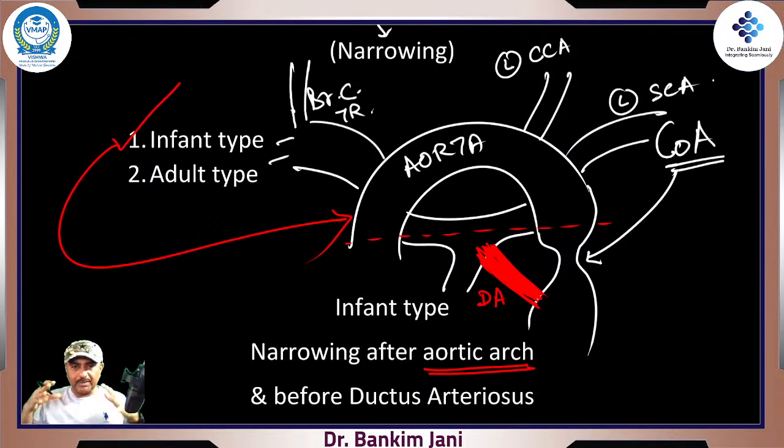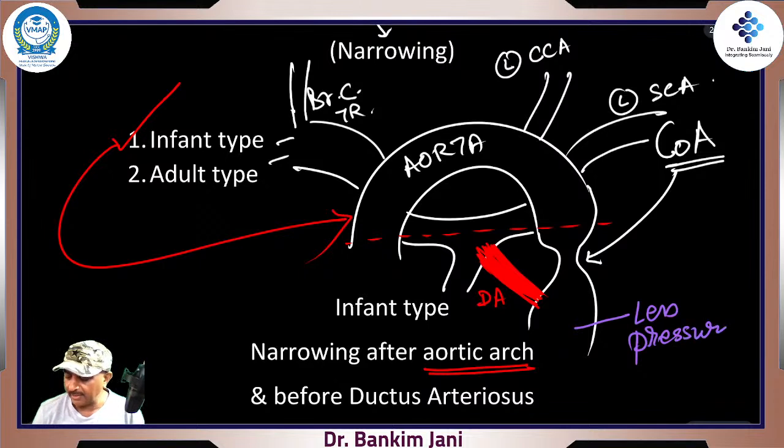It means there would be increased pressure on the back side and decreased pressure on the opposite side, because less blood is going on the opposite side, right? So over here, can I say less pressure over here and high pressure over here, right? High pressure.